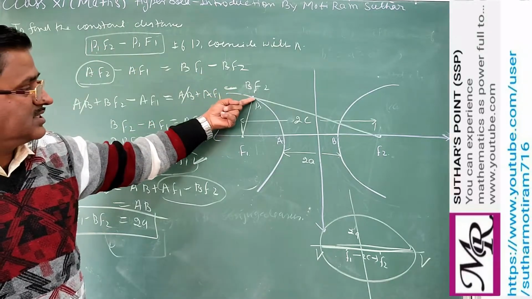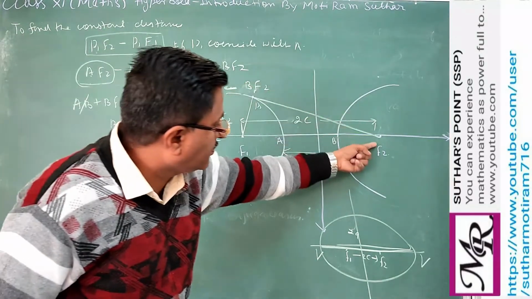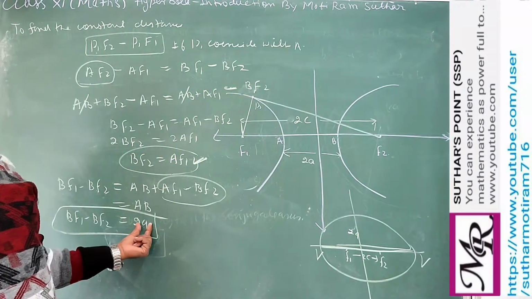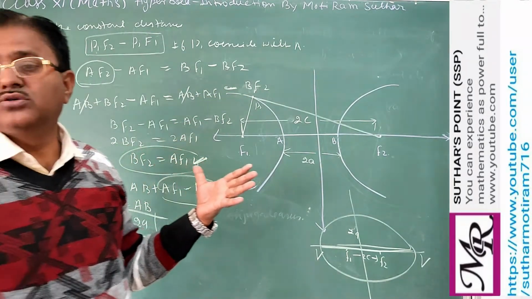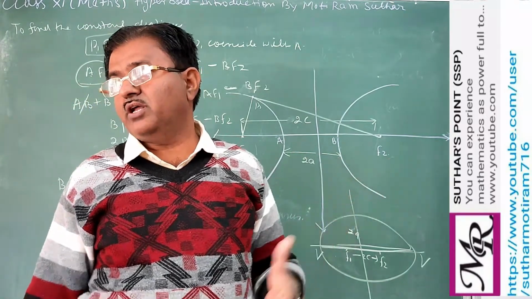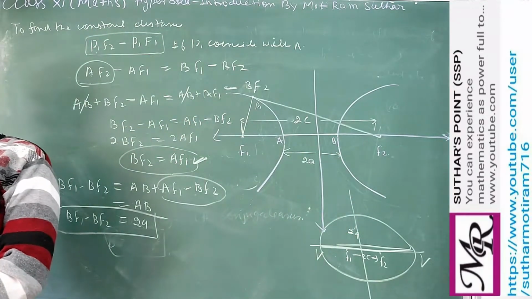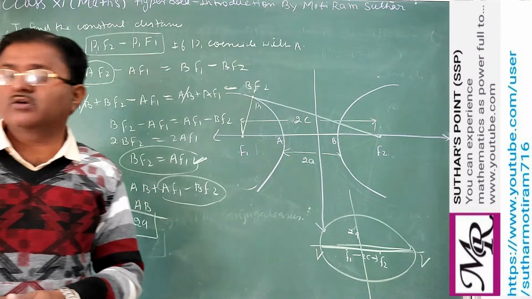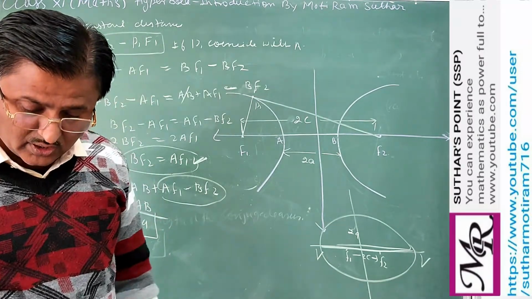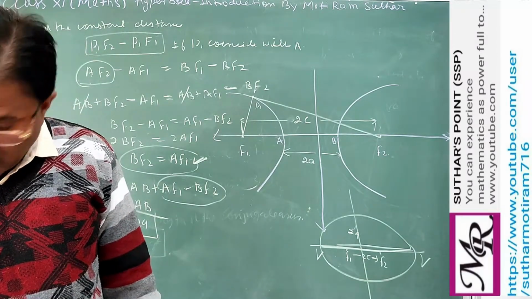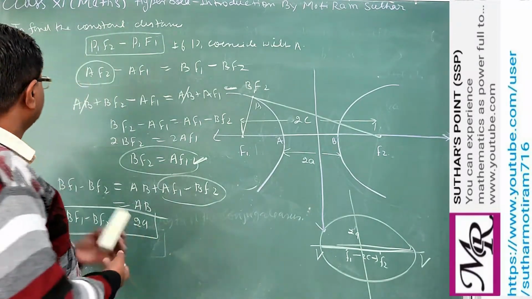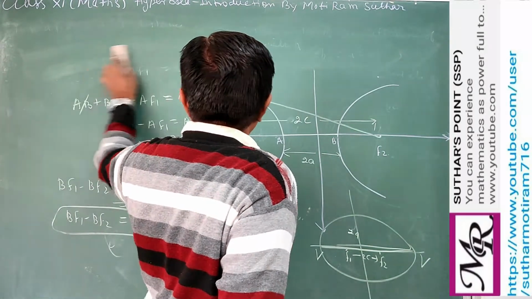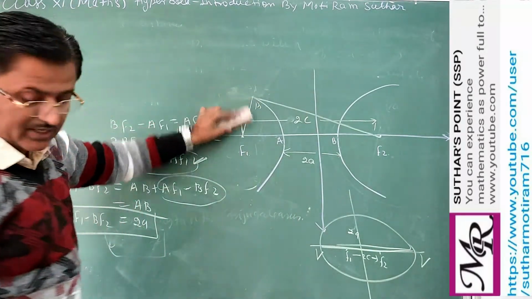So what can we say? P1F2 minus P1F1 is always equal to 2a. So in this way one can prove the difference of the farther point minus the near point will be equal to 2a. Clear?